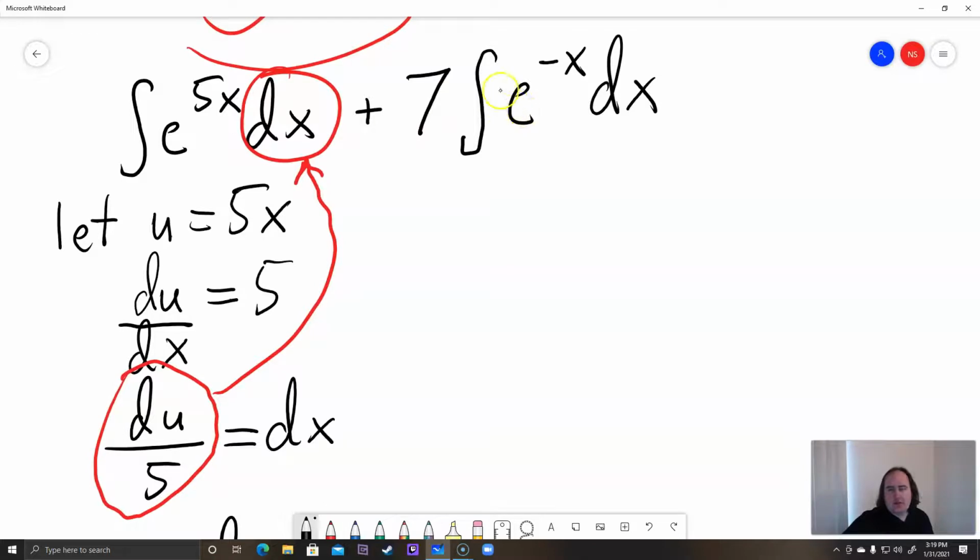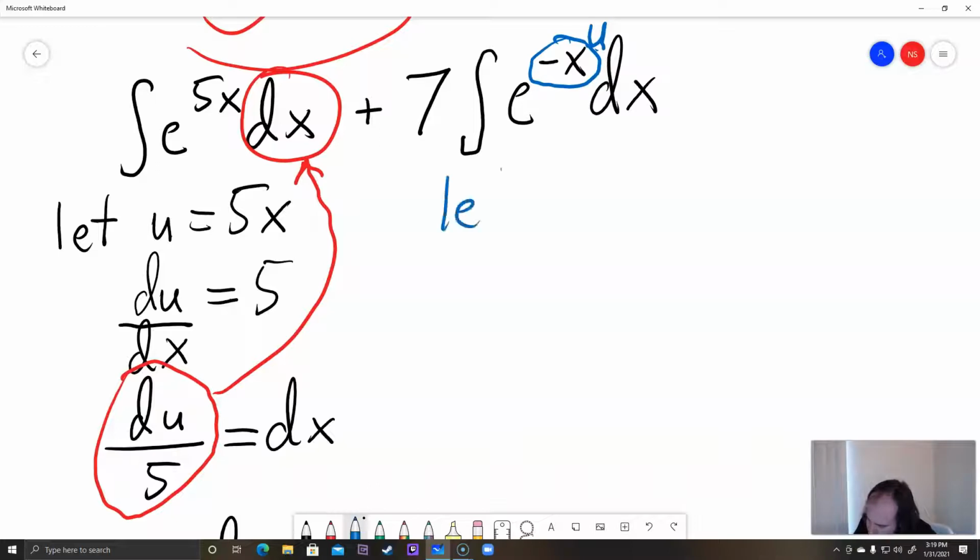For the second integral, I already factored out the 7. So once again, we have to do u substitution, and we let u be the inner function. Here the outer function is e, and the inner function is negative x. For this one, this is going to be a different u, so I'll use a different color.